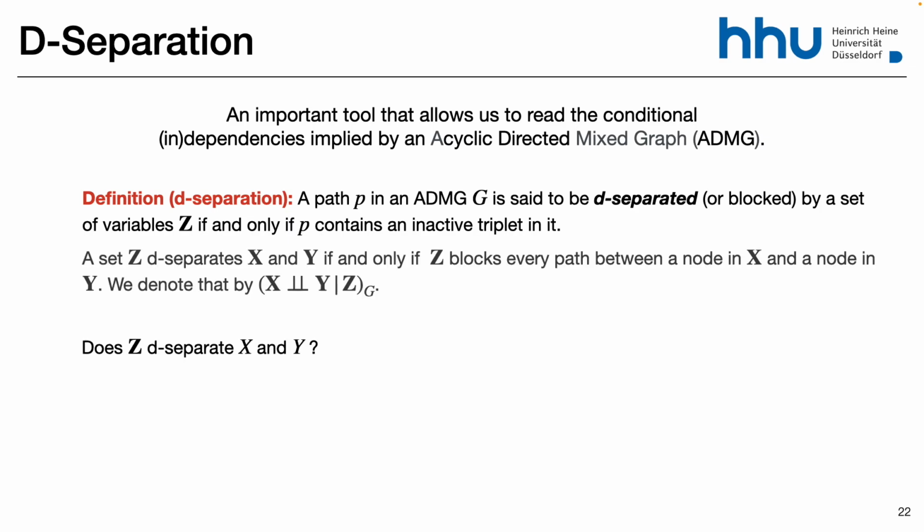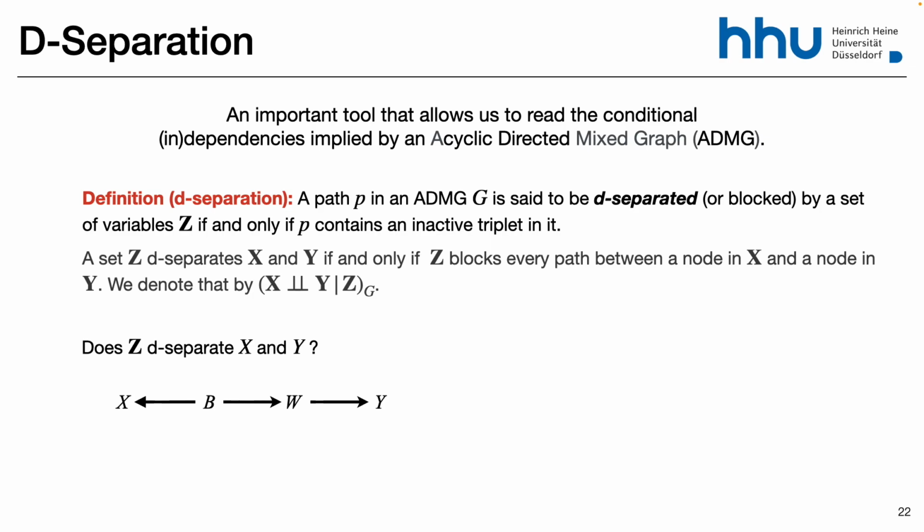Maybe I should go directly to the example. A path P in an ADMG is d-separated or blocked by a set of variables Z if and only if it contains at least one inactive triplet. I just need one. If I have two, it's more than blocked, but I need at least one.